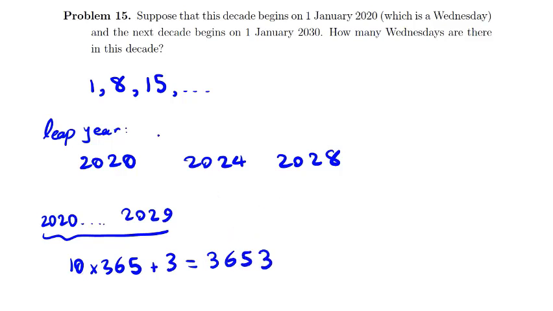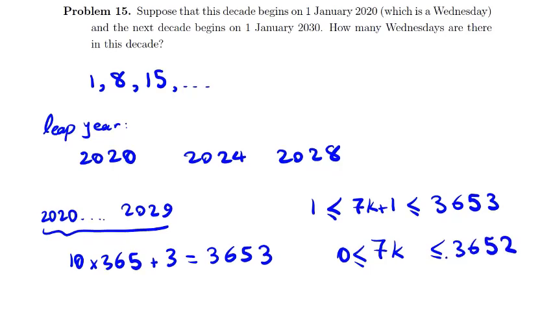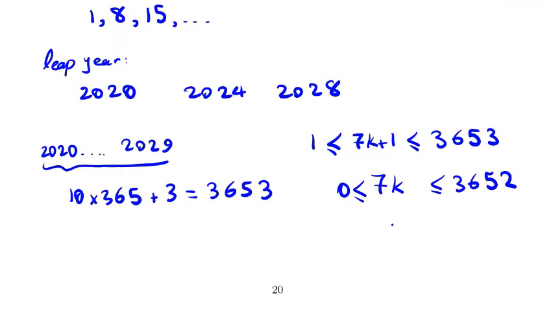And we should find how many 7k plus 1 we have, because for 1, 8, the remainder when divided by 7 is 1. 7k plus 1 is greater than or equal to 1, less than or equal to 3653. So 7k is greater than or equal to 0, less than or equal to 3652, and if we divide all sides by 7, k is greater than or equal to 0, less than or equal to 521 point something.